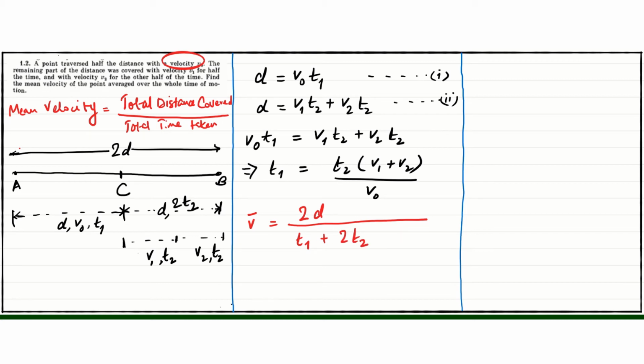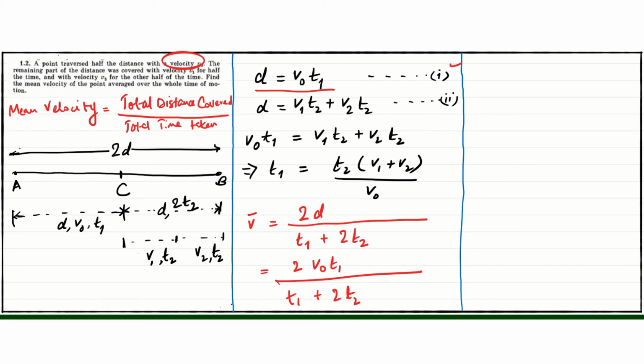Now we can convert d also in terms of the other variables. So we can use equation number one where we know that d is equal to V0 T1. So let us use that, and we can write this as twice of V0 T1 divided by T1 plus twice of T2.